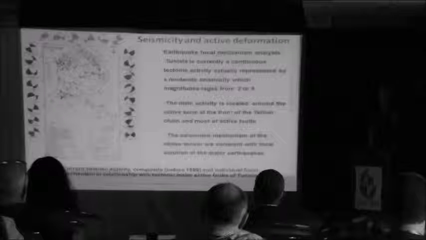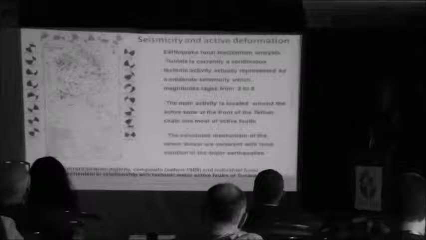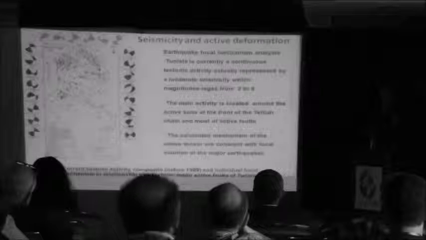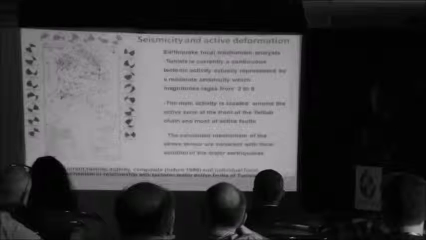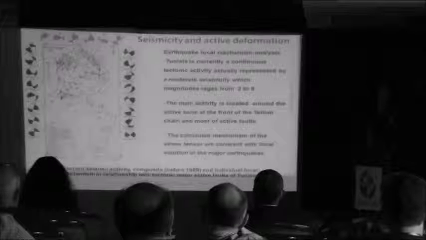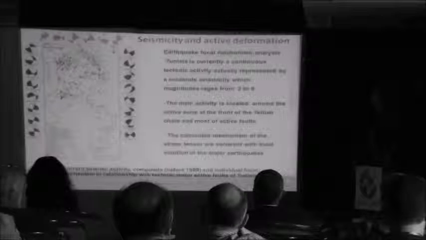The main activity is located around the active zone at the front of the Tellian chain, and most of the active faults. The calculated mechanism of stress tensor is coherent with the focal solution of the major earthquakes.